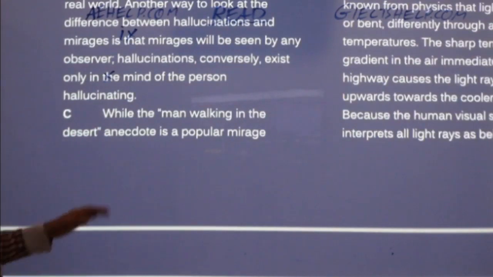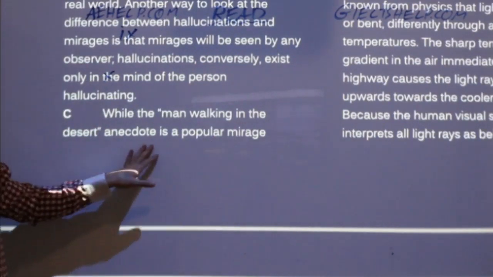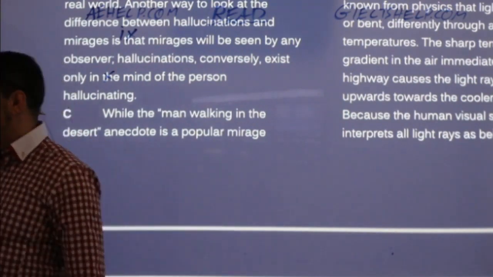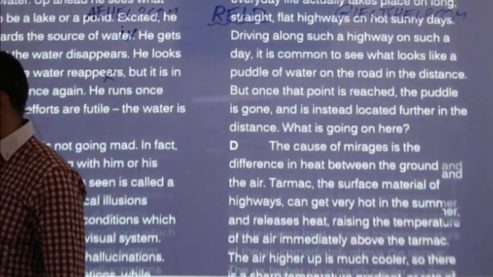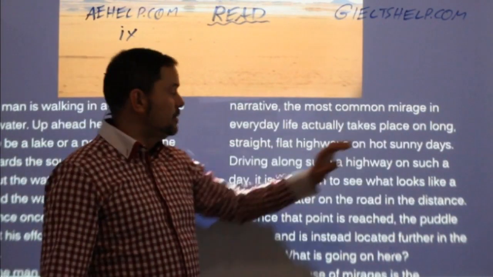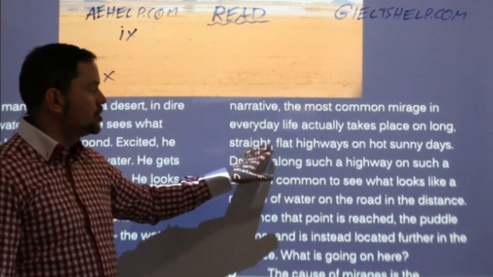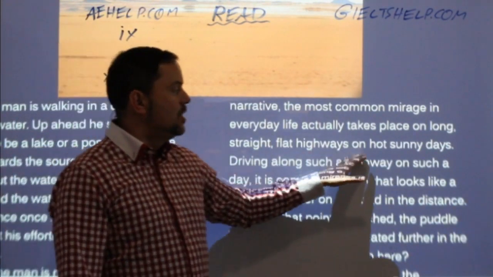Continue reading with me. While the man walking in the desert anecdote is a popular mirage narrative, the most common mirage in everyday life actually takes place on long, straight, flat highways on hot, sunny days.